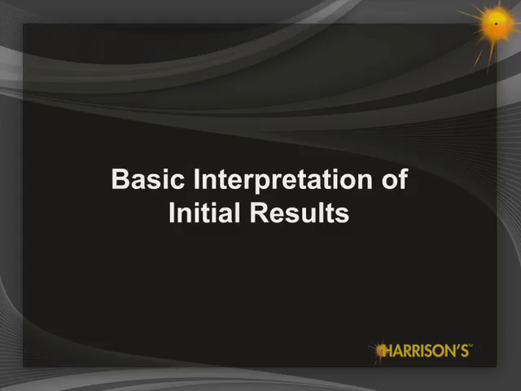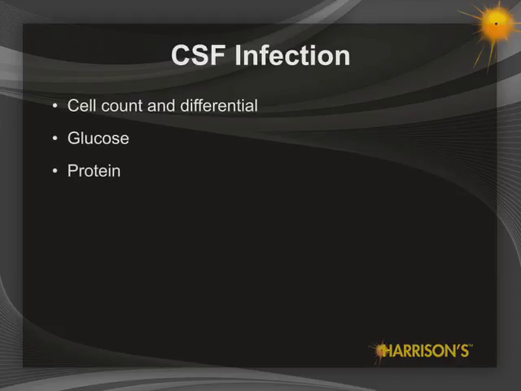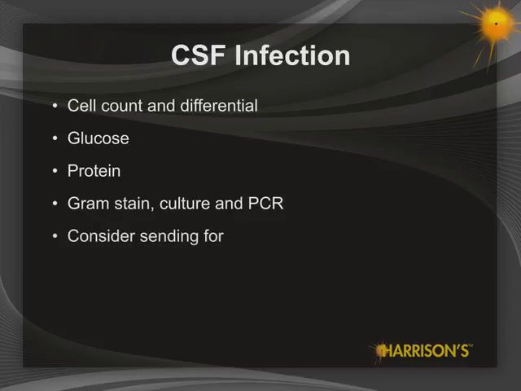Laboratory studies performed on the CSF should be specific to the suspected disease process. If you suspect infection, test the CSF for cell count differential in tubes 1 and 4, glucose, protein, gram stain, culture, and PCR, and consider sending for acid-fast bacillus culture or TB PCR.